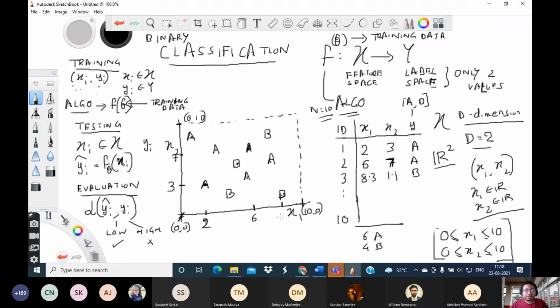Now suppose there is a new data point. Not training, a test data point has come. Let's say we'll have 2 test data points.